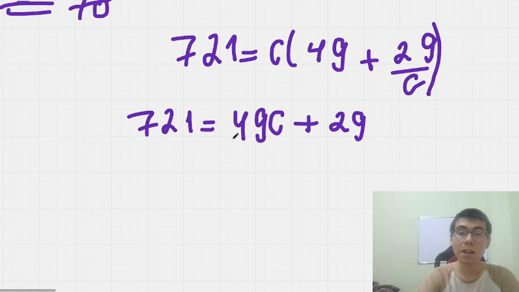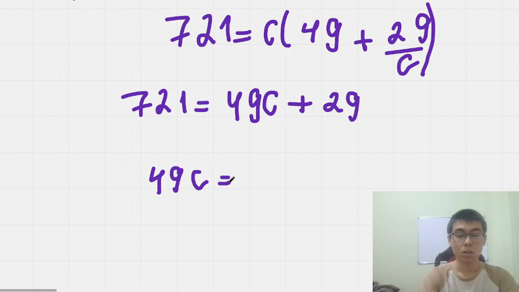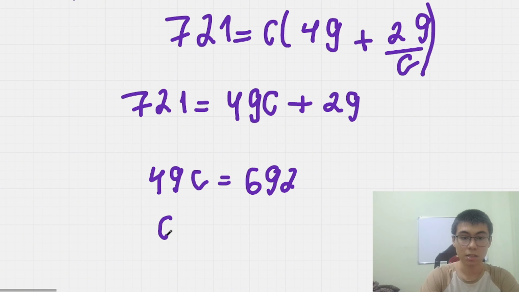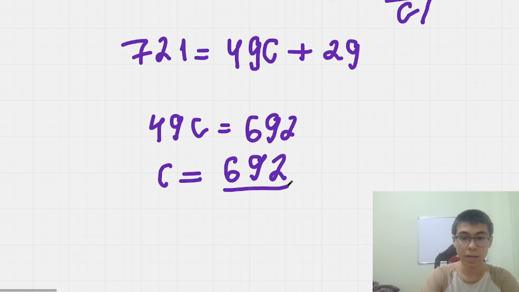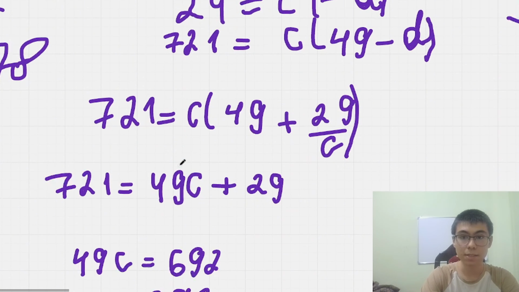So from here, we can find the value of C. 49C equals 692. So C equals 692 divided by 49. So we found both C and D.